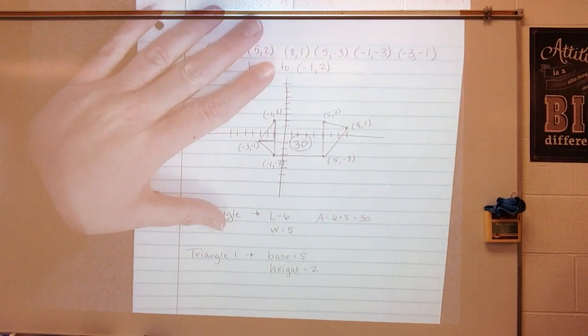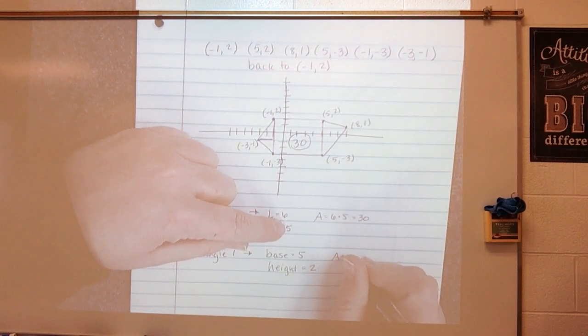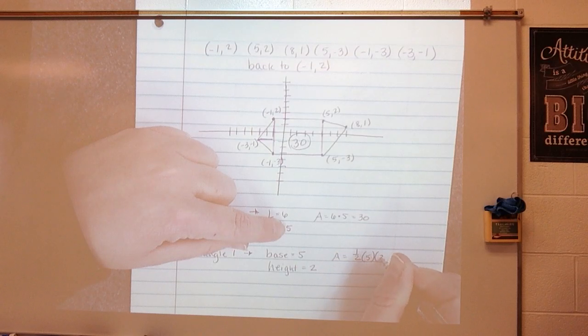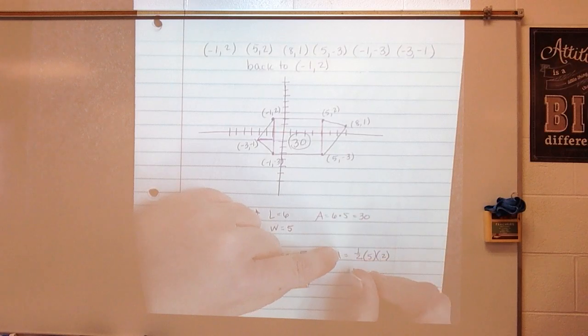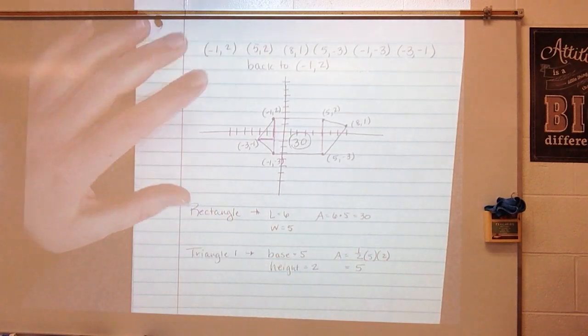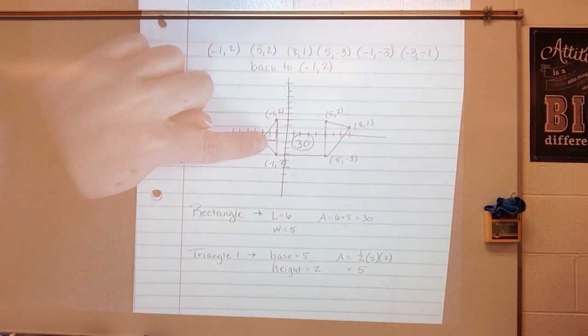To find the area of my triangle, I'm going to do 1/2 base times height. So 1/2 of 2 is 1, and 1 times 5 is 5. So the area of this triangle is 5.